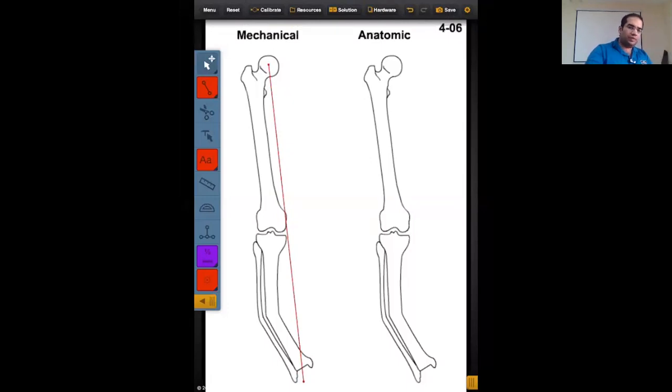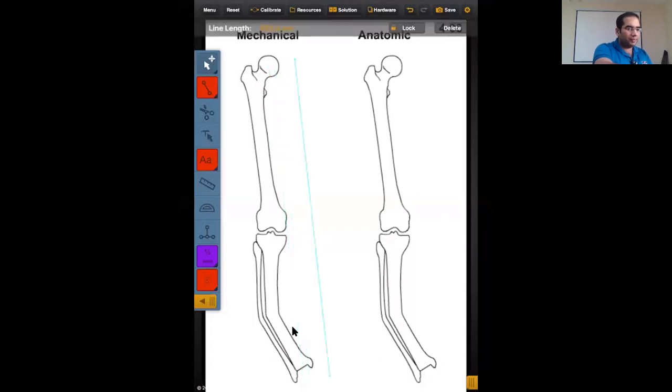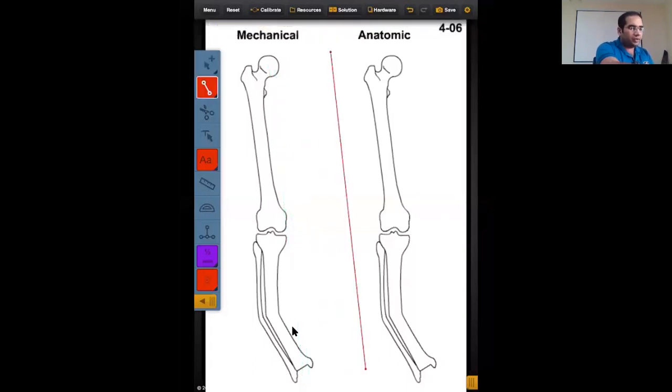With this, we realize that the line is passing medially, which means that there is a mechanical axis deviation in the medial direction, which means that this limb has got a varus deformity. The next step was to draw the joint orientation lines of the individual bones.